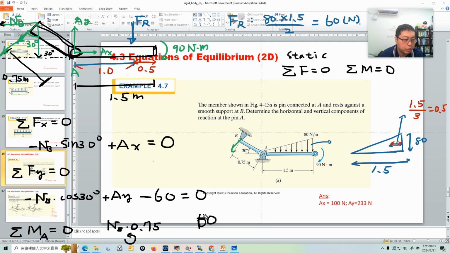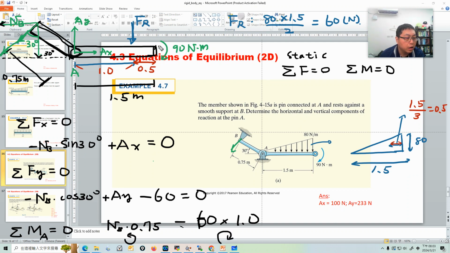FR is 60 times its lever arm. The reference point is here, and the lever arm is 1.0. This is a clockwise rotation, so it has a negative sign.